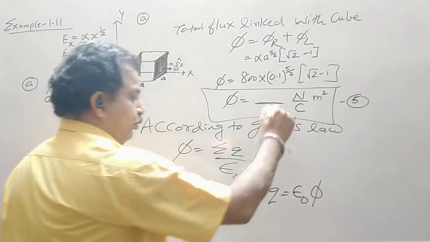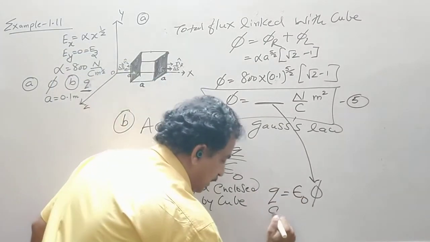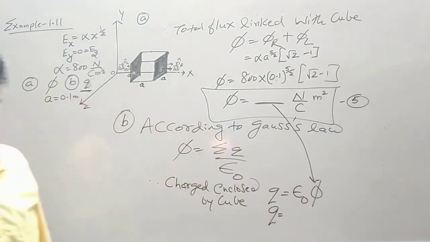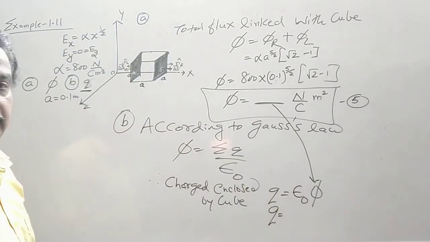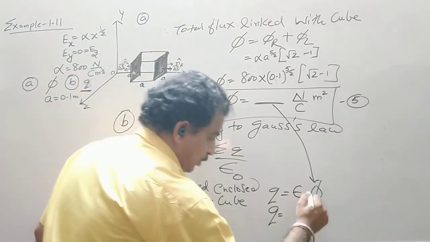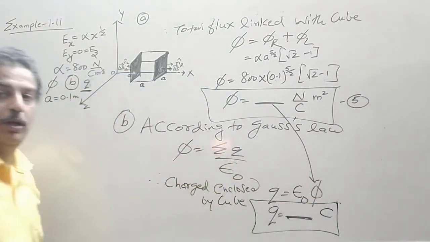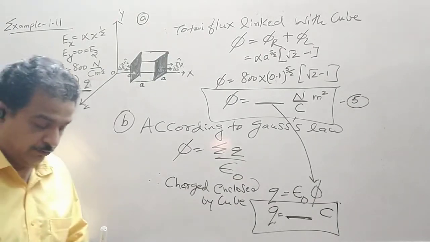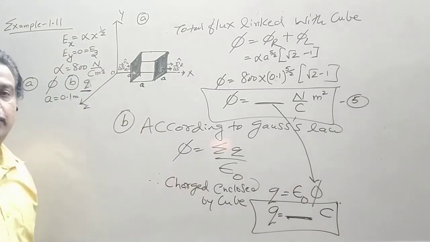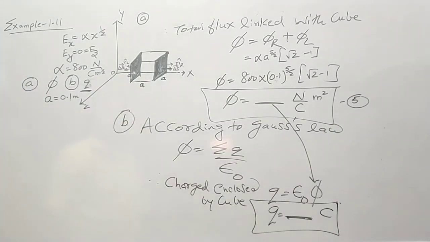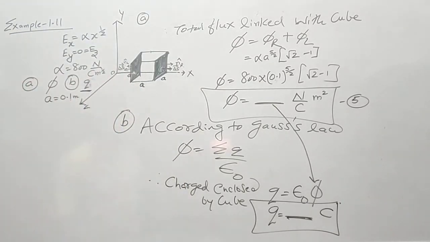So whatever value you get here, you substitute this value and multiply it by the permittivity of the free space, and permittivity of the free space was 8.85 into 10 raised to minus 12. So you substitute this value and find out the answer, and unit becomes coulomb. So this is how we find out the flux and the charge linked with the cube, which is placed in Cartesian coordinate system, where the electric field intensity was along the x-axis.